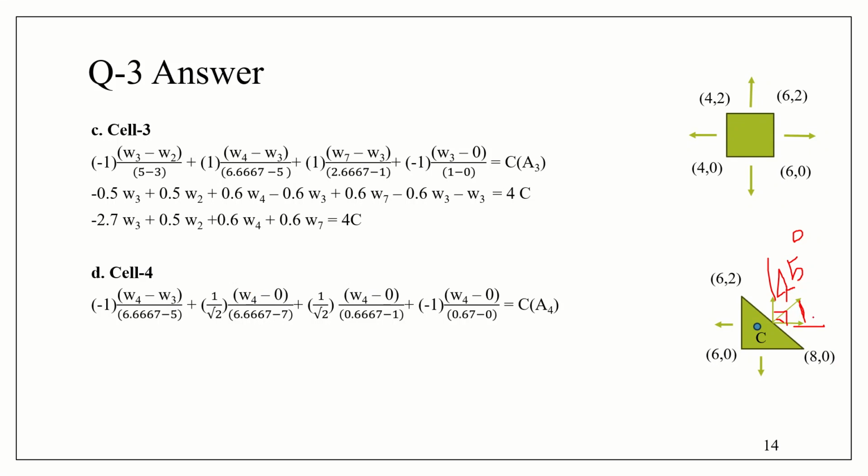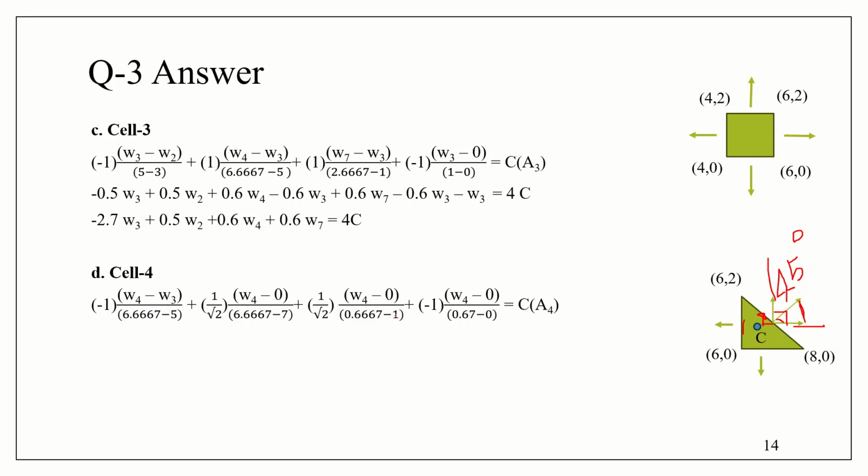This is W4. Again, when we go from here to here it becomes a wall boundary condition, so W4 minus 0, and from here to here also we get W4 minus 0. But for the gradient, that is delta x and delta y, we have 6.6667 minus 7, because the center would be 7 and it would be 1.